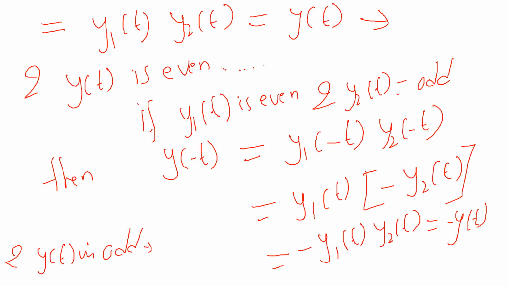Note that in the above analysis, the variable t represents the time in the continuous domain, that means the analog domain.